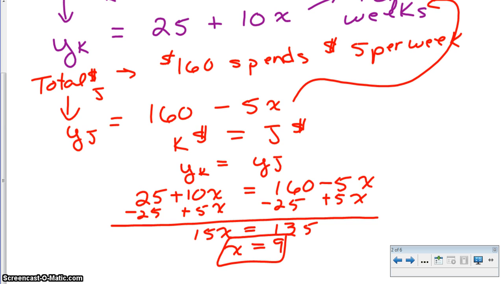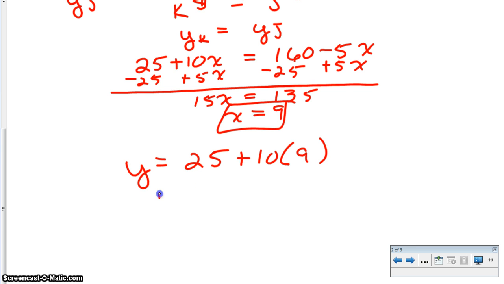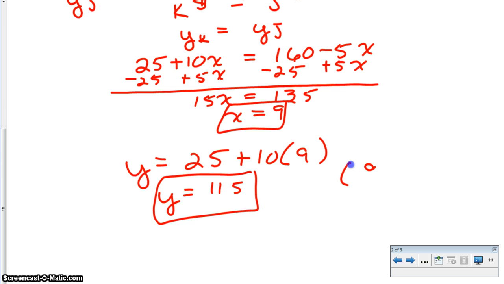I substitute that back in, okay? I'm going to start with the one that for me is the easiest, 25 plus 10 times 9. And what I would find out is that y is equal to 115. Now, ladies and gentlemen, if you give me 115 like this, guess what? You just lost a bunch of points. And the reason why you've lost points is this is a word problem.